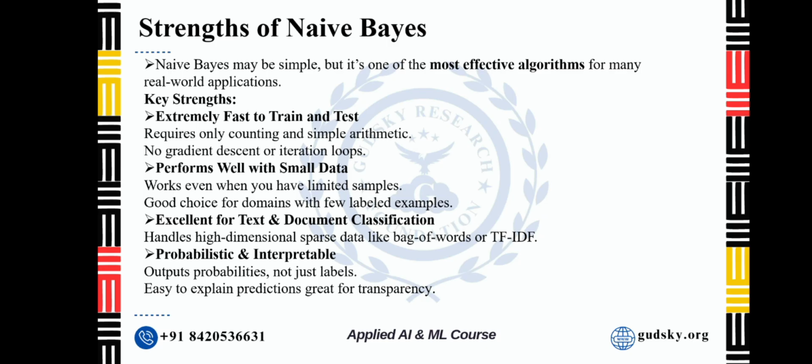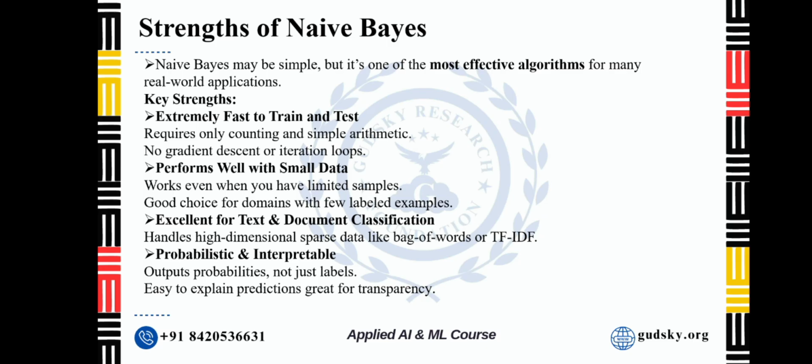It is also probabilistic and interpretable: it doesn't just give you a label, it tells you how confident it is. So you can easily explain its predictions, which is great for transparency and trust in AI. In short, naive Bayes is simple, efficient, interpretable, and surprisingly powerful, a rare combination in the world of machine learning.